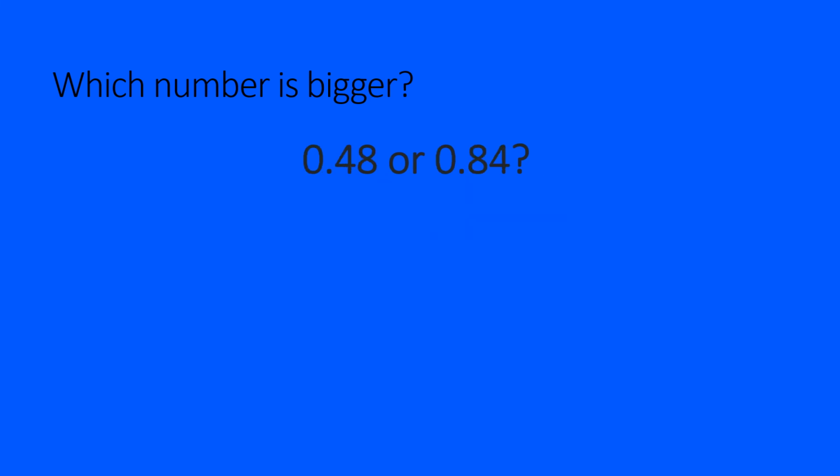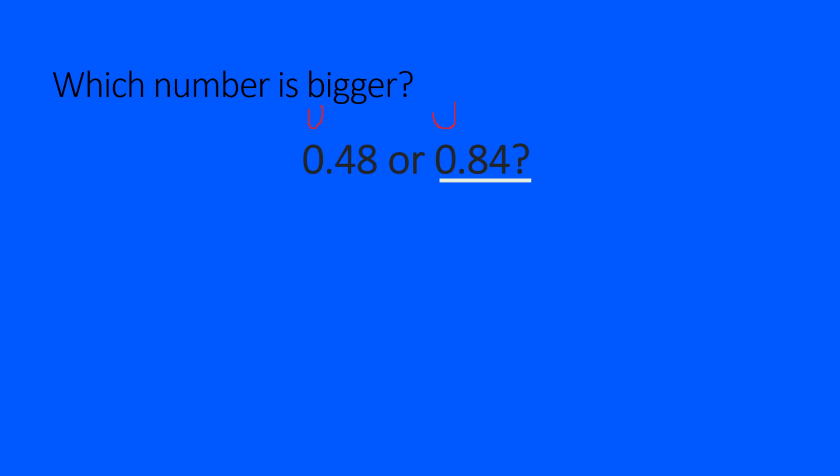What number is bigger here, 0.48 or 0.84? Okay, the answer is 0.84. So just like we've done before, we start off with the leftmost column. So this will be the units column. In both numbers, the units column is 0.